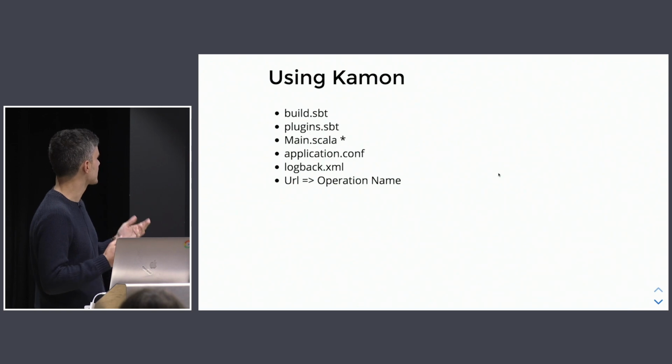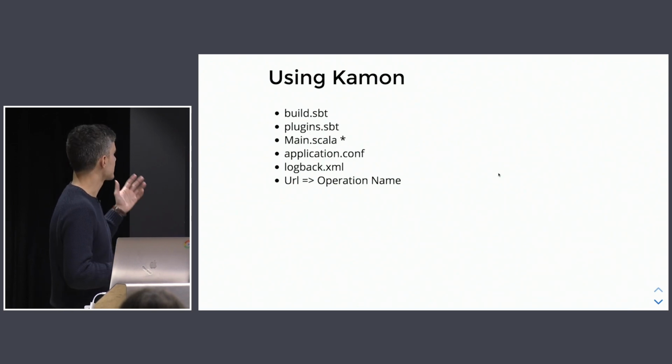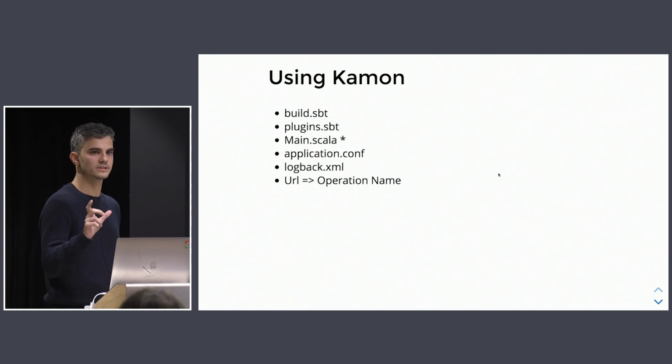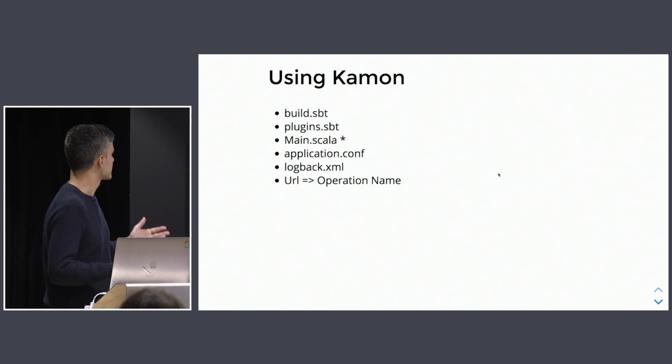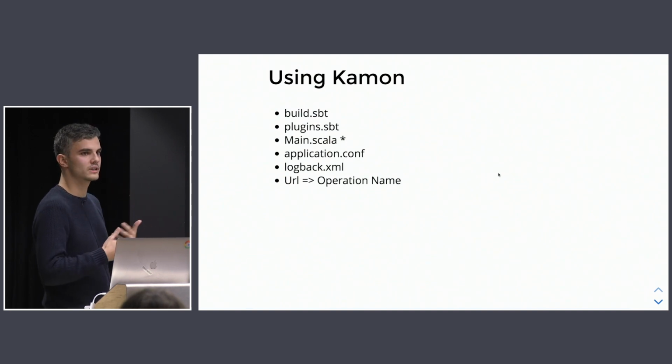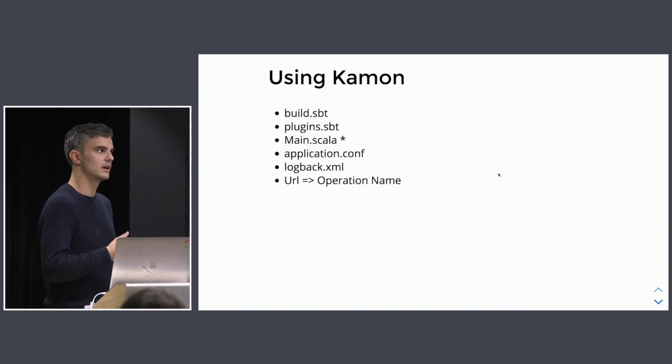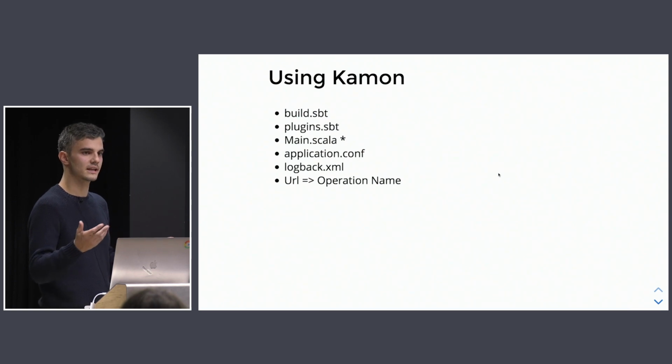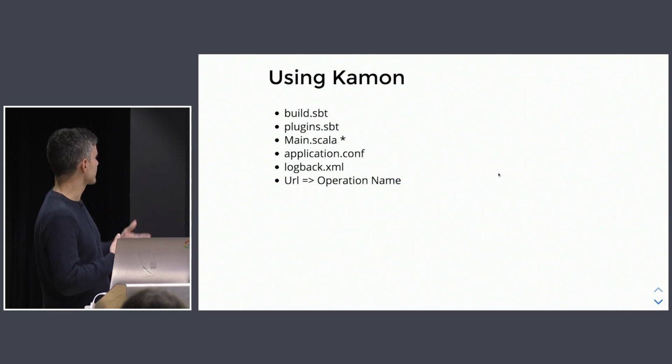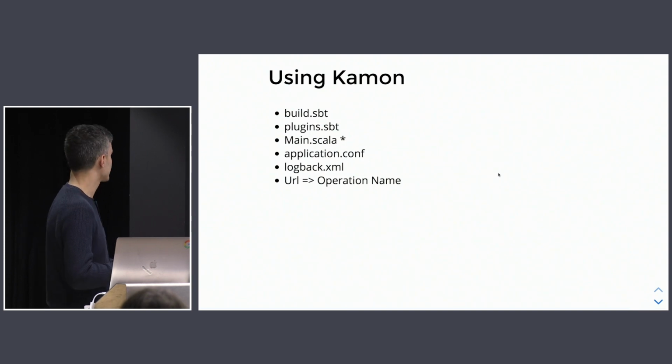And then the main code you actually have to write is essentially a way to take a URL and make it into a generic identifier. So essentially to deal with things like if you have a URL which is /client/clientID, you have to provide Kamon with a way to turn that into a unique identifier so that it can then group them by operation rather than by individual URL.